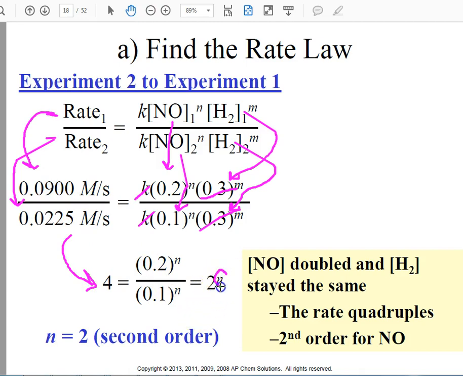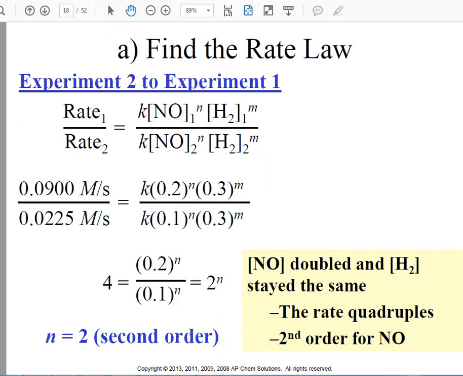2 to what power is 4? And they find that that power is 2, so they can say that must be second order. And that is on the NO, right? Because the H2 was the same here and here, so it canceled.